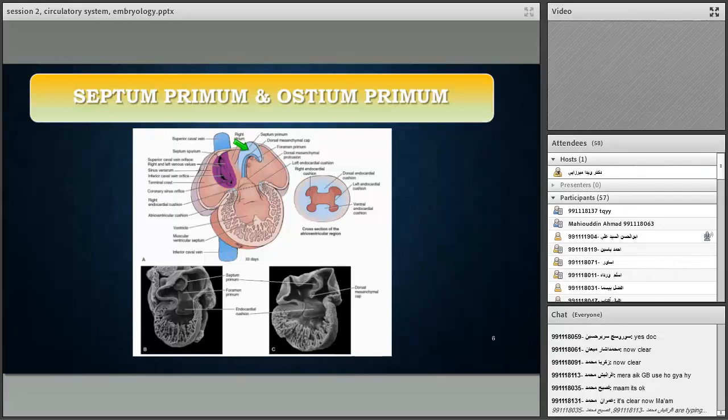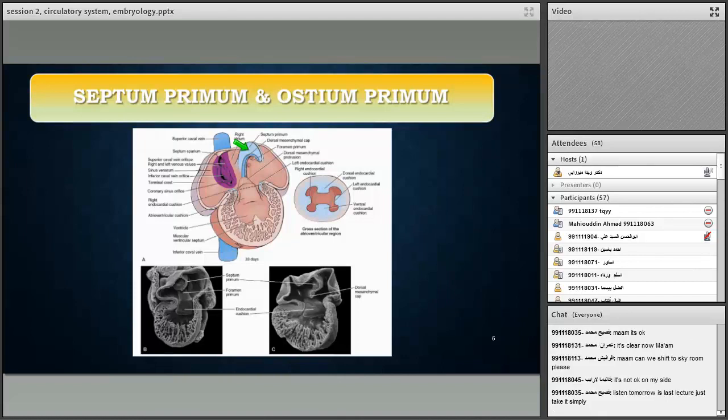Now listen, please. I'm talking about slide number 6. In this slide, you can see the septum primum. In this part, we can see the septum primum, and here we can see the sinus venosus.